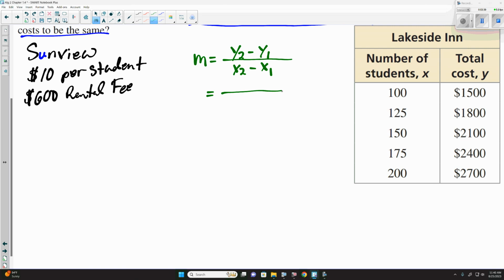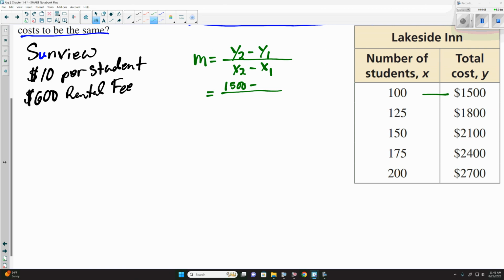So to find slope, we need 2 points. Well, they gave us multiple points. So to start this off, we need to pick one of the points. So what's one of the y values we can use? $1,500. And what's its corresponding x value?